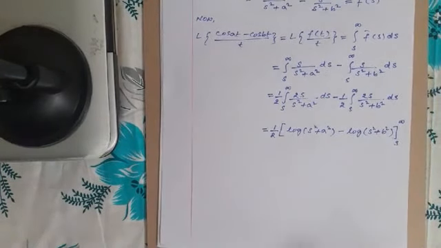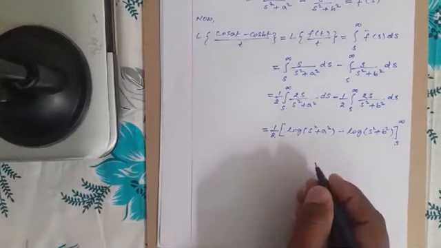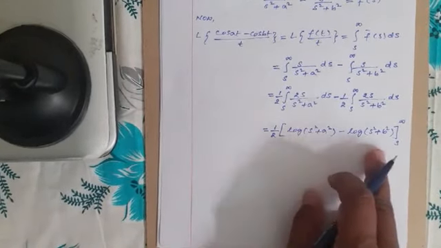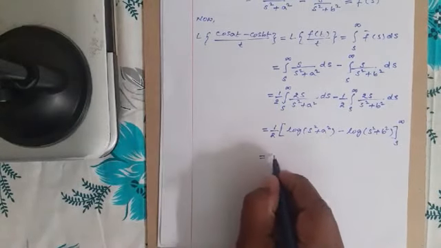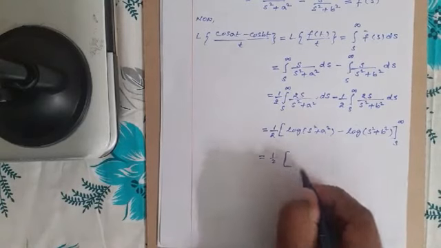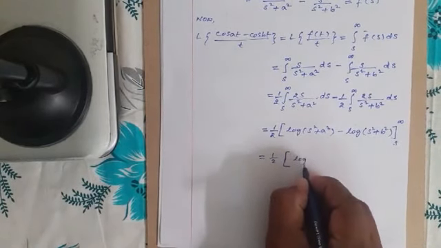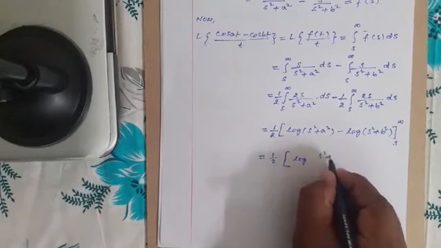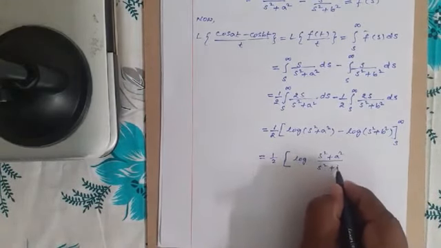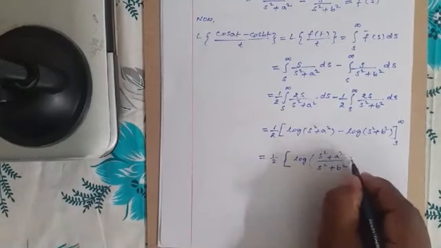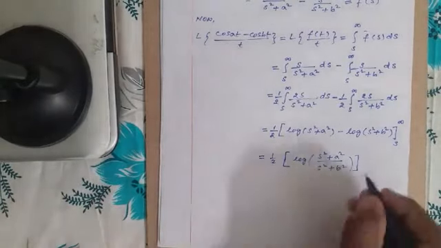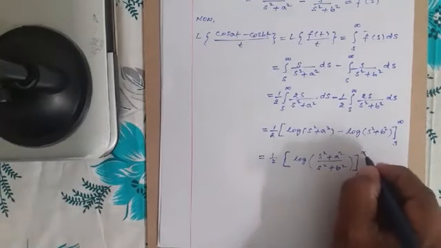Before applying the limits, you can see this is in the form of log a minus log b. So I can write this as 1 upon 2 in bracket log s square plus a square upon s square plus b square, put the bracket and box, and the limits are s to infinity.